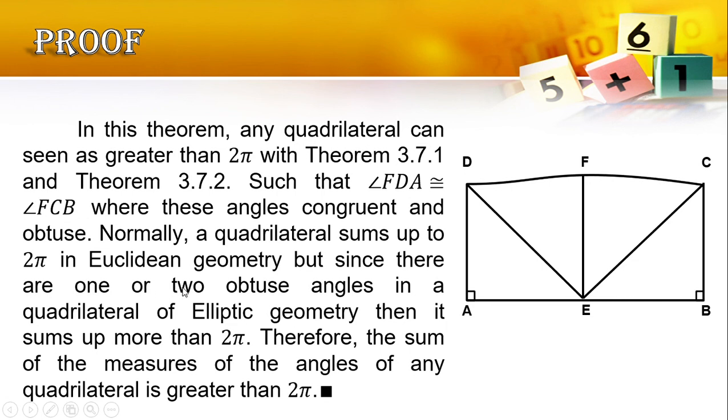Since there are one or two obtuse angles in a quadrilateral of elliptic geometry, it sums up to more than 2 pi. This is a right angle, this is a right angle, then obtuse, so it sums up to more than 2 pi or more than 360 degrees. Therefore, the sum of the measures of the angles of any quadrilateral is greater than 2 pi.